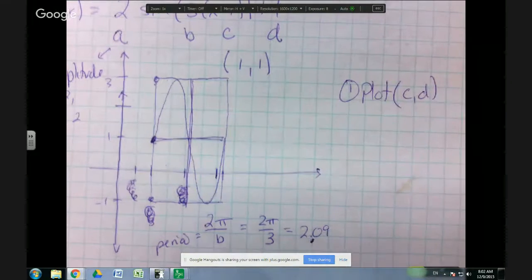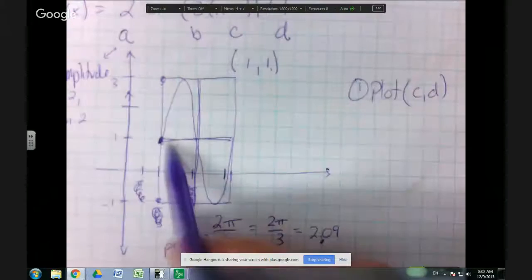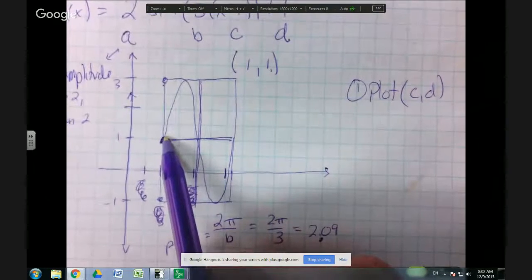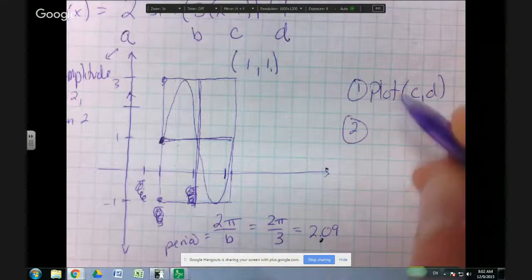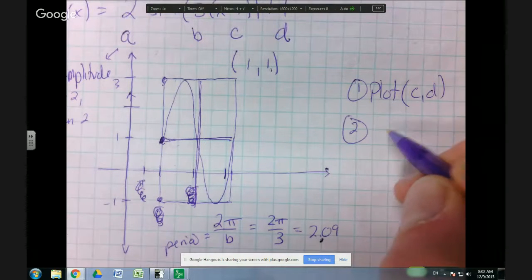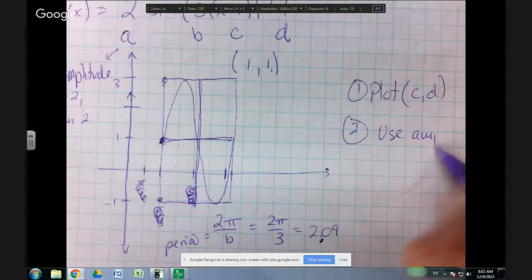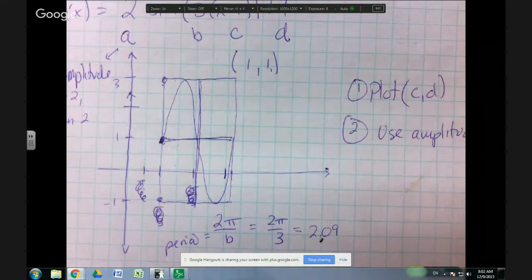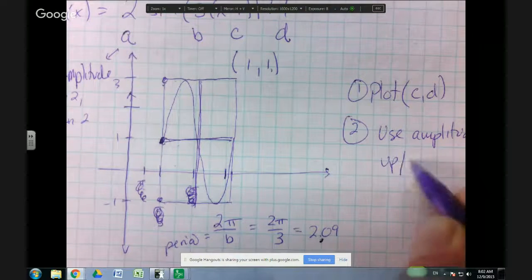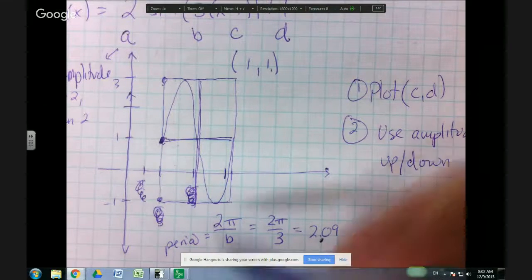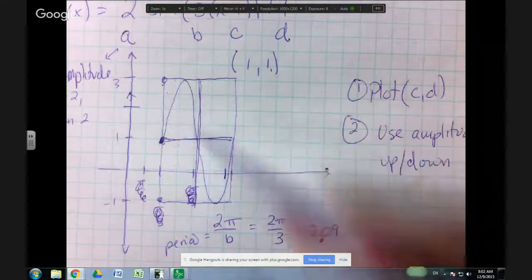So the first thing we did was plot CD, 1, 1. The second thing we did was use the amplitude to go up and down.